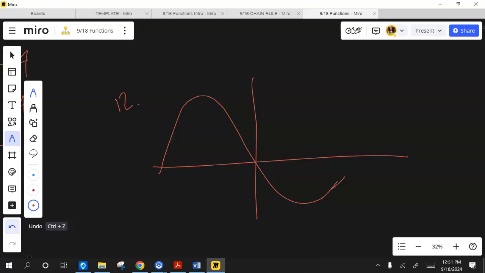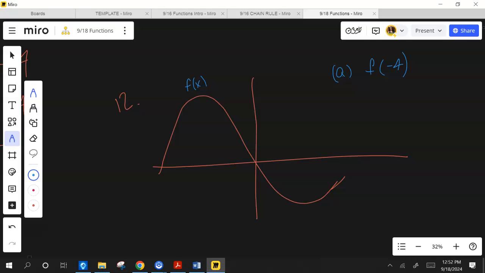This one asked me a couple of things. Look over to the side. If this is the graph of f of x, okay? Pay attention, Samik. I can't teach you if you don't pay attention, so listen.